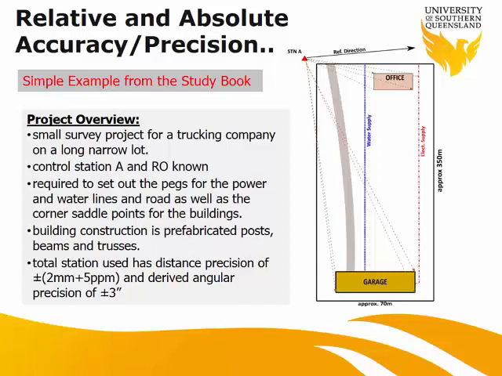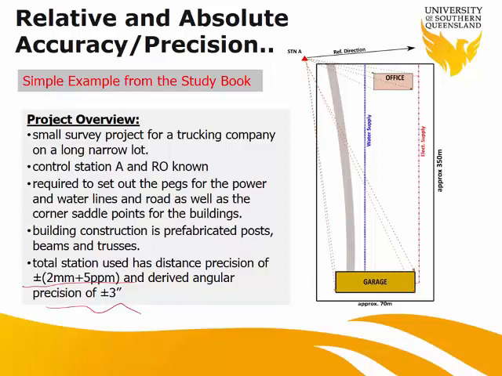We have the instrument specification. As you can see, it is 12 millimeter plus 5 ppm, and the precision for the angular is plus or minus 3 seconds. If you look at the study book, you will see the angle precision is plus or minus 2 seconds, but we also have an error in pointing, which is 1 mil.